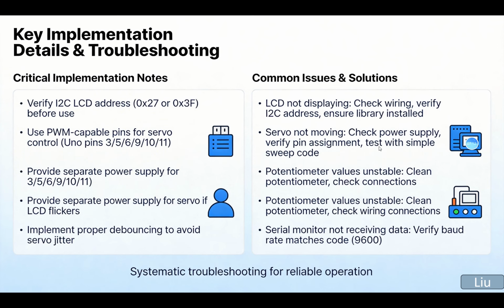So the key improvements you can see: verify the LCD address, and use PWM capable pins, provide separate power supply for servo, and then you can see the common issues and the solutions.